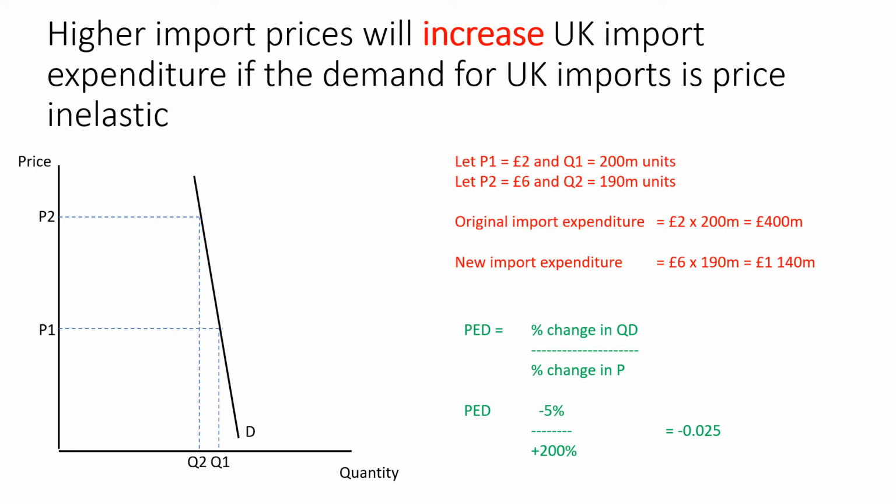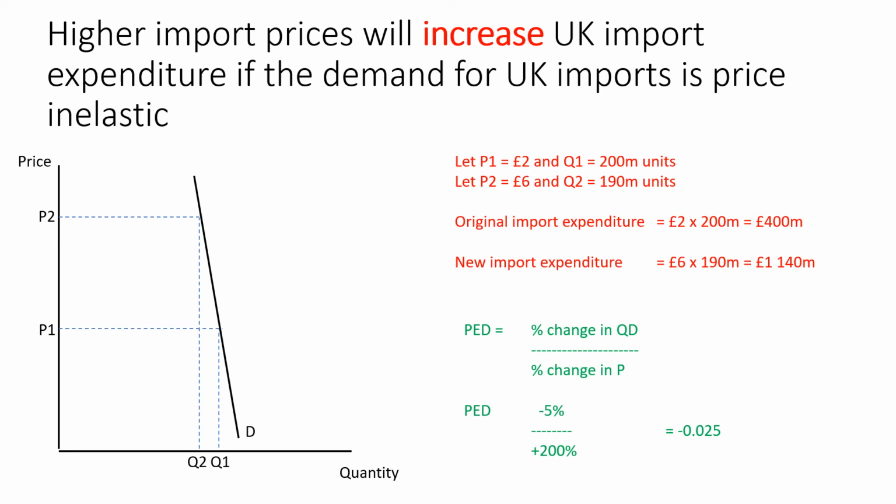We hoped it would divert demand towards domestically produced substitutes. That really didn't happen because there weren't too many of those. So the demand has hardly contracted, and as a result UK import expenditure has actually risen, because the percentage increase in price from P1 to P2 was greater than the percentage fall in quantity from Q1 to Q2.